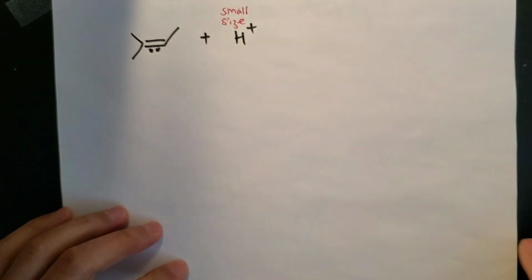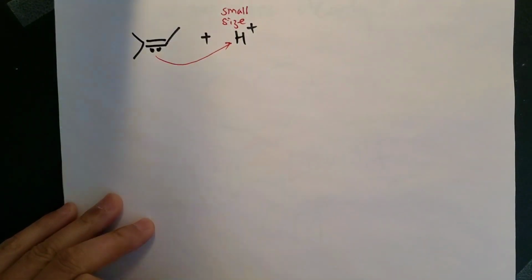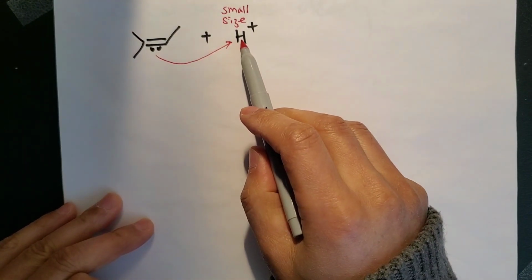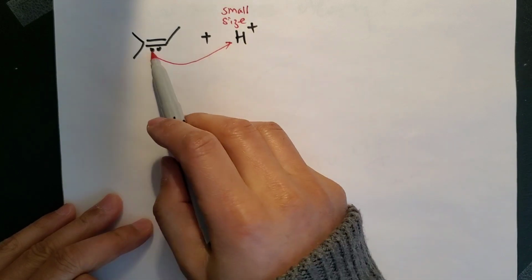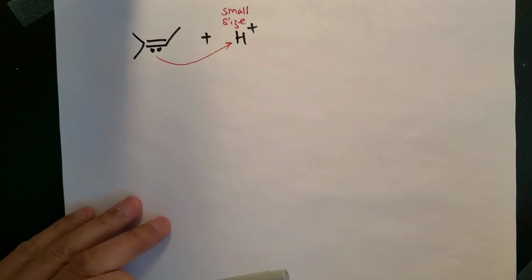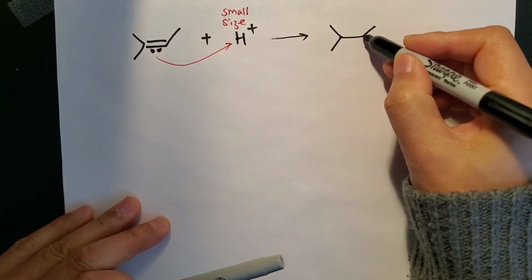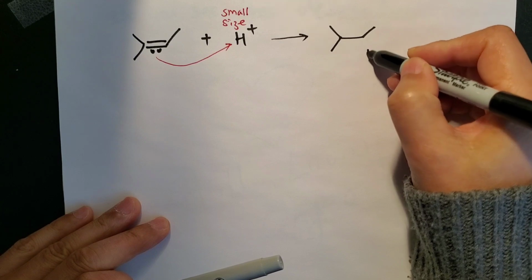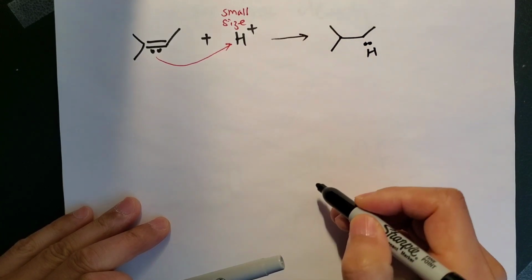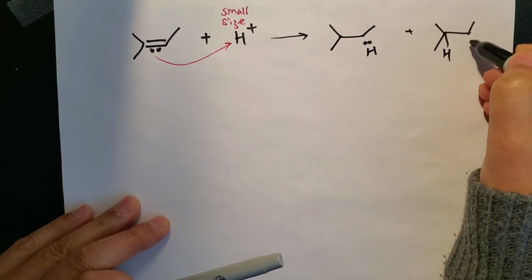So when the electron is given, hydrogen is not able to share those two electrons with the two carbons. Therefore, the hydrogen has to choose to hold the electron here or here.